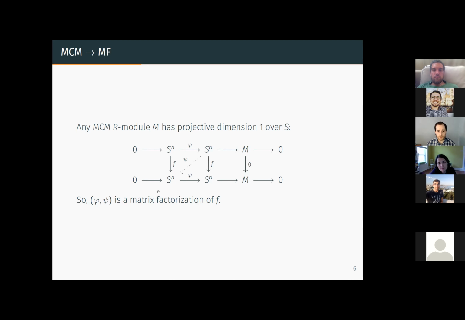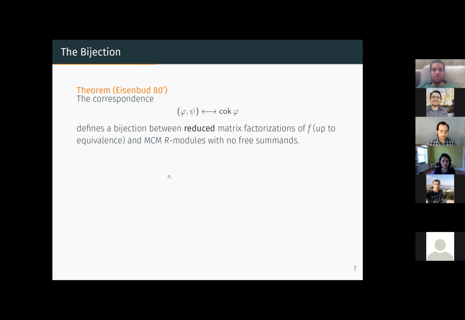Okay, so if we have a matrix factorization, we get MCM R modules, and in reverse, if we have MCM R modules, we get a matrix factorization. And what we've just done is outline a theorem by Eisenbud in his original paper in 1980, which gives this correspondence between matrix factorizations and MCM R modules.